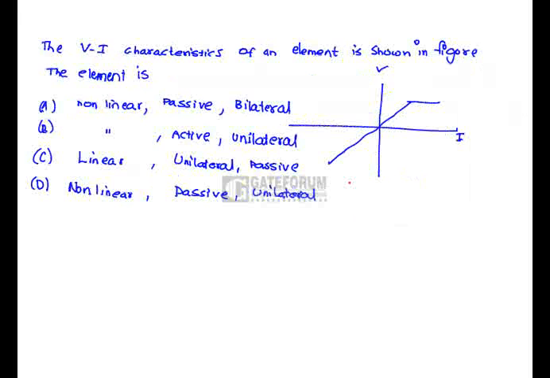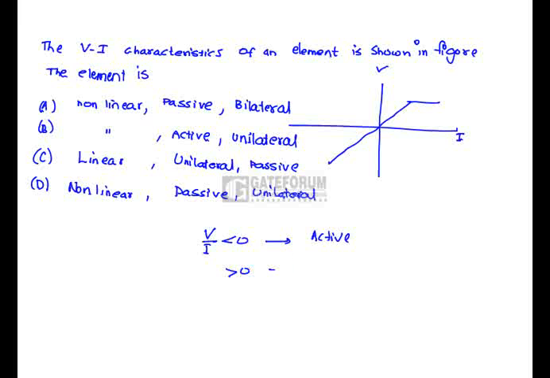Characteristics of an element are shown in the figure. The characteristics shown in quadrant 1 as well as quadrant 3 are not equal. Hence, the element is going to be non-linear. Whether the element is active or passive is decided by the V by I ratio. If the V by I ratio is less than 0, the element is active.